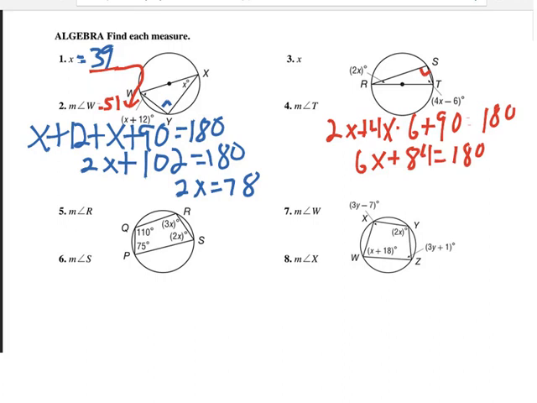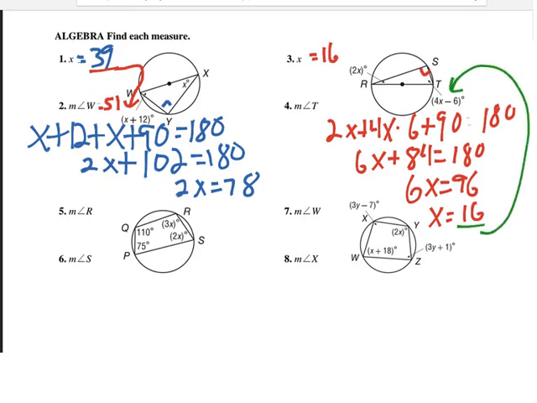Subtract the 84, and you're going to get 6x equals 96. Divide by 6, and x is 16. Not done yet. Got to plug that in for angle T. So I do 4 times 16 minus 6, and I get 58.